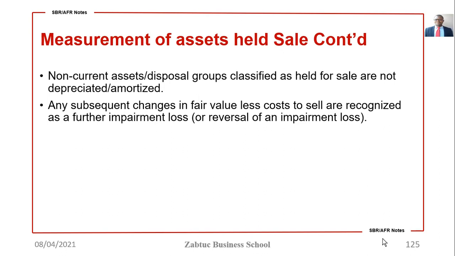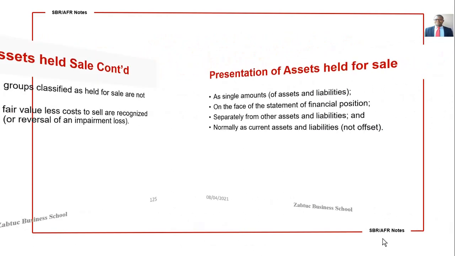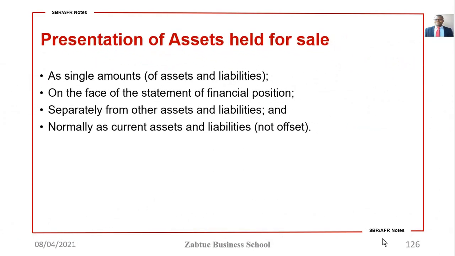So these are to be taken as current assets. Any subsequent changes in fair value less cost to sell are recognized as a further impairment loss or indeed a reversal in impairment loss.